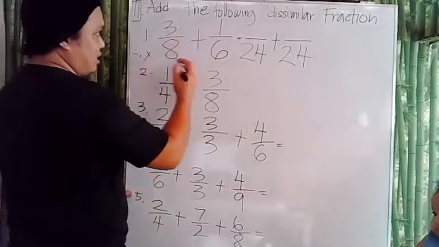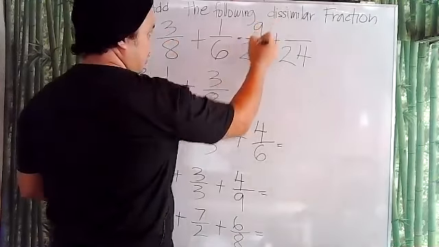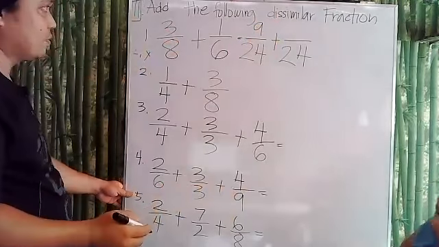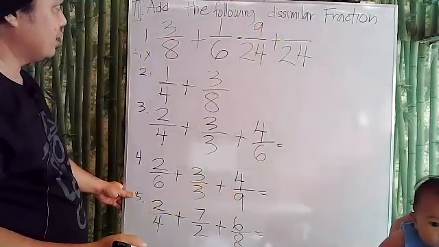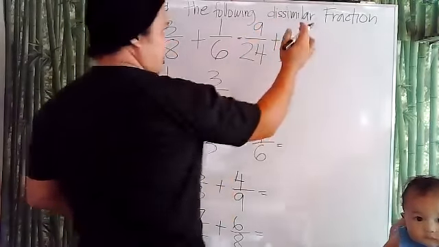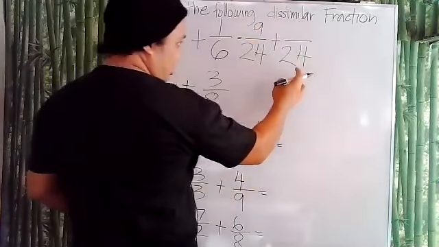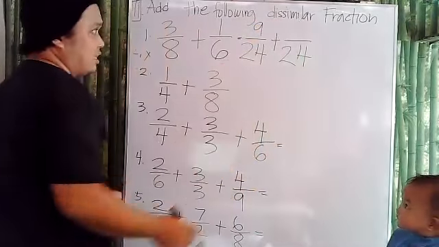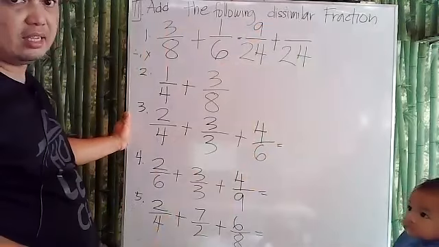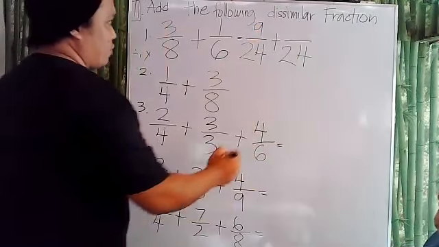Now 3 times 3 is 9. Now to get the new numerator for this fraction, we divide and multiply. 24 divided by 6 is 4, and 4 times 1 is 4.